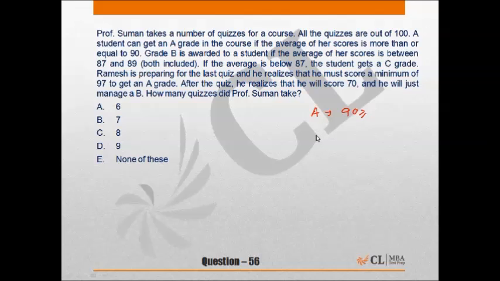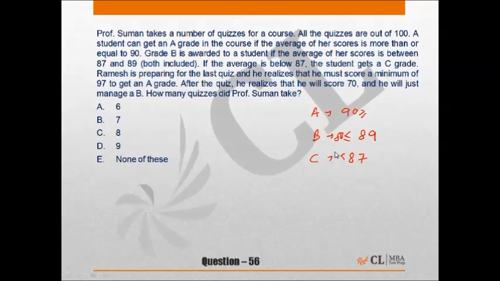Grade B is awarded to a student if the average of her scores is between 87 and 89, both included, which means for grade B, a student needs to score at least 87 and at most 89, and if the average is below 87, the student gets a grade C. So grade C is awarded when the average is less than 87.